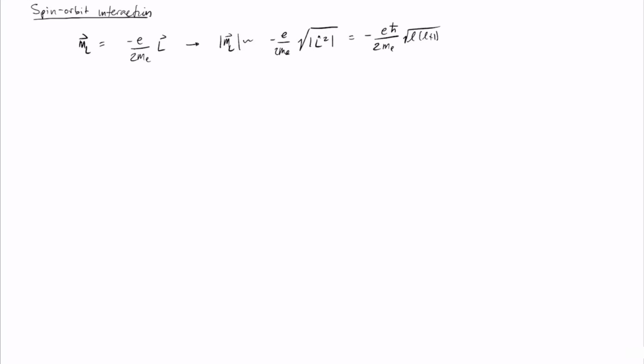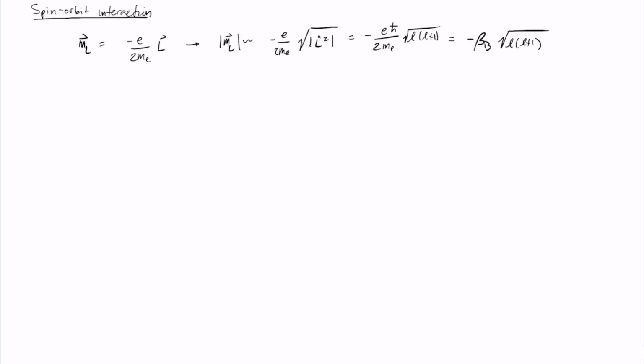And using our previous definition of the Bohr magneton, this just becomes minus beta b, the Bohr magneton, times the square root of L times L plus 1. Okay, so this is an effective magnitude of the magnetic moment that comes from the orbital angular momentum.